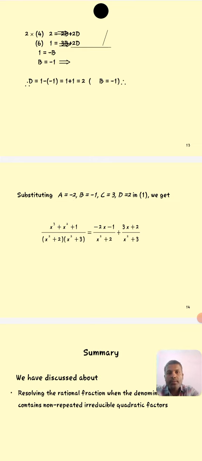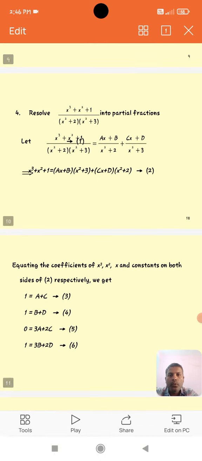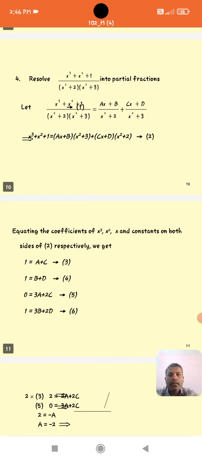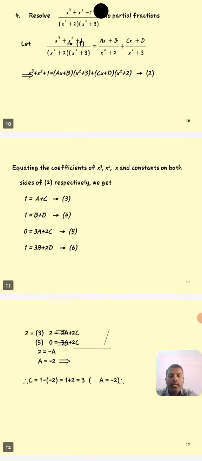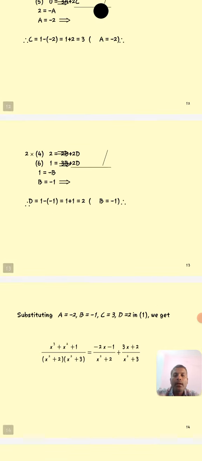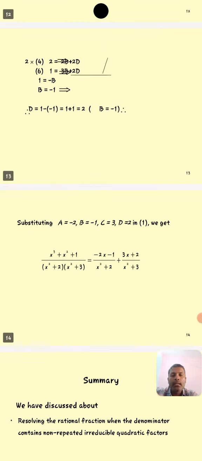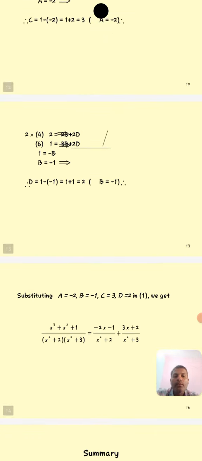You observe this problem, two quadratic factors are there. Then write the partial fraction format as ax plus b and cx plus d. After completing the LCM part, we compare the coefficients of x cube, x square, x and constant. Then we write the equations 3, 4, 5, 6.